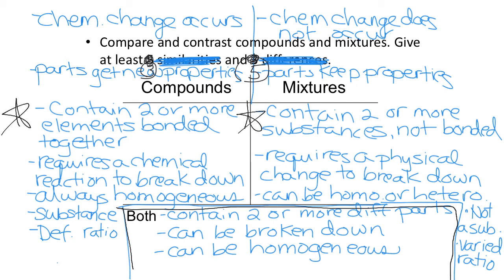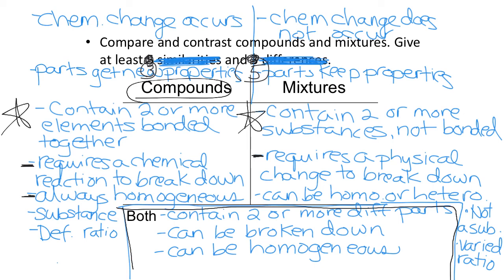Mixtures contain two or more substances that are not bonded together. You could have made that into two differences. Since our compounds are bonded together, they require a chemical reaction in order to break them down. Mixtures, since they don't have a bond between the two parts, just require a physical change to break them down.